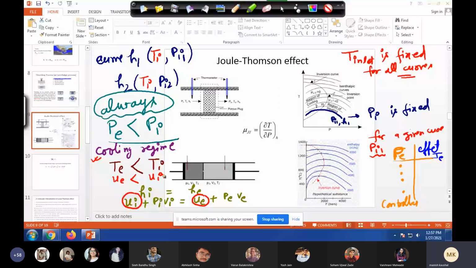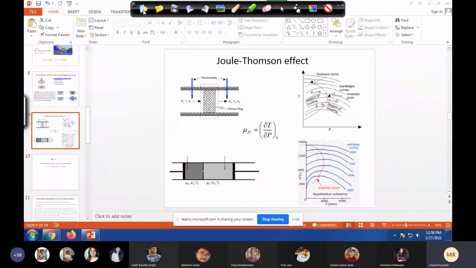Still, H we can maintain. So, what we are saying, I'm just summarizing it here. So, this is one slide, cooling regime.